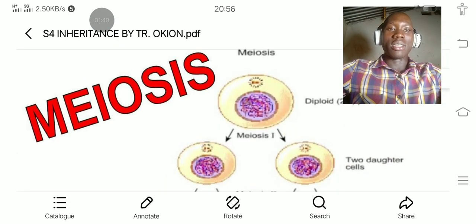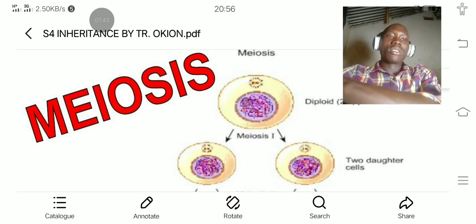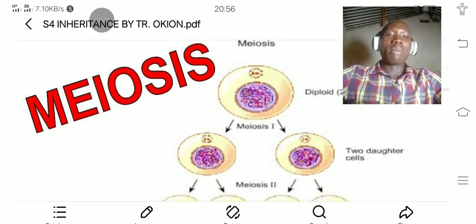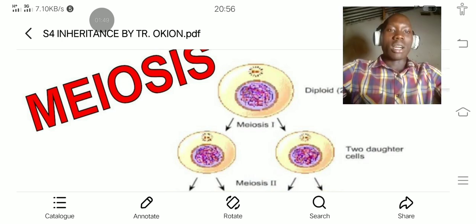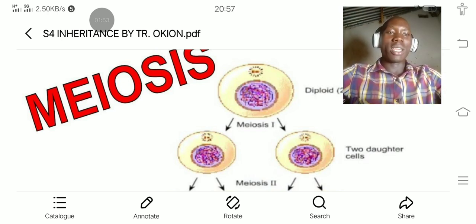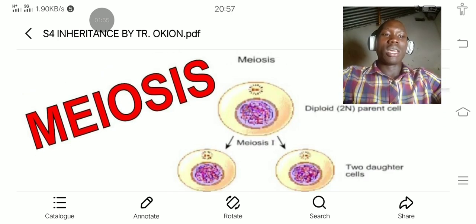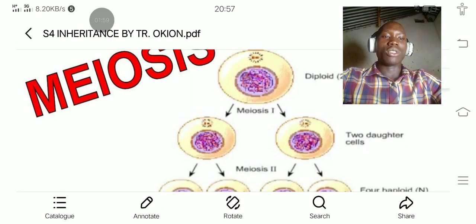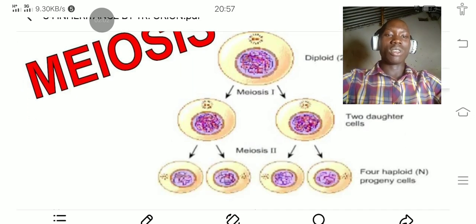From the diagram we are seeing here, meiosis starts with a diploid parent cell. It has meiosis 1 and meiosis 2. In meiosis 1, a diploid parent cell, that is 2N, divides, giving us 2 daughter cells.